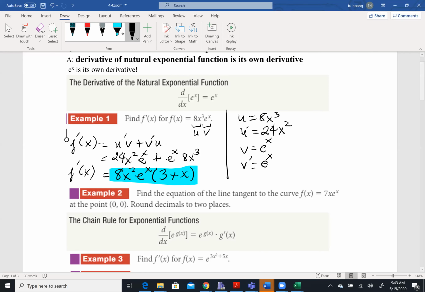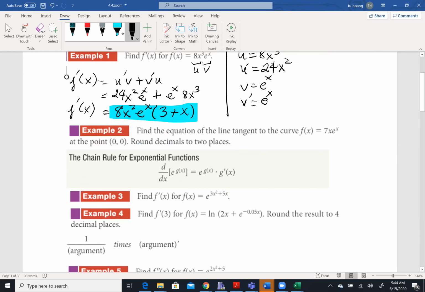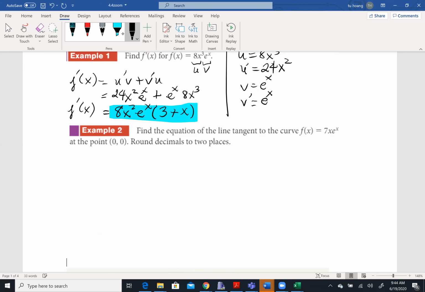Now let's practice more in example 2. Example 2 is a very interesting example because in this example, I want you to find the equation of the tangent line to the curve 7x e to the x at the point 0, 0.